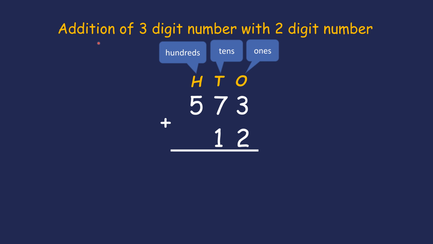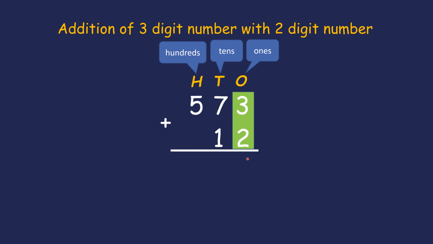Let's start with the addition of a 3-digit number with a 2-digit number. So we have here the 3-digit number and the 2-digit number. Let's review first the first column. O stands for ones, T stands for tens, and H for hundreds. Now let's add. The ones column is 3 plus 2.